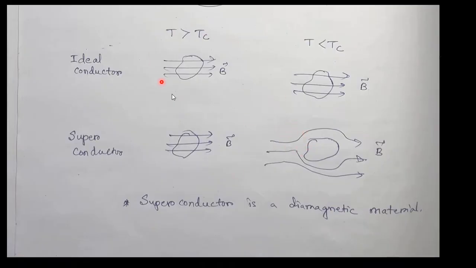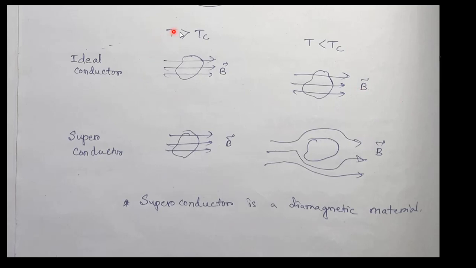Here is a simple experiment, for an ideal conductor and for a superconductor. For the ideal conductor, above T greater than Tc, the magnetic field passes through the material. For the superconductor, also above the critical temperature, the magnetic field passes through the material. But below the critical temperature, in the ideal conductor, the magnetic field passes through the material as before.